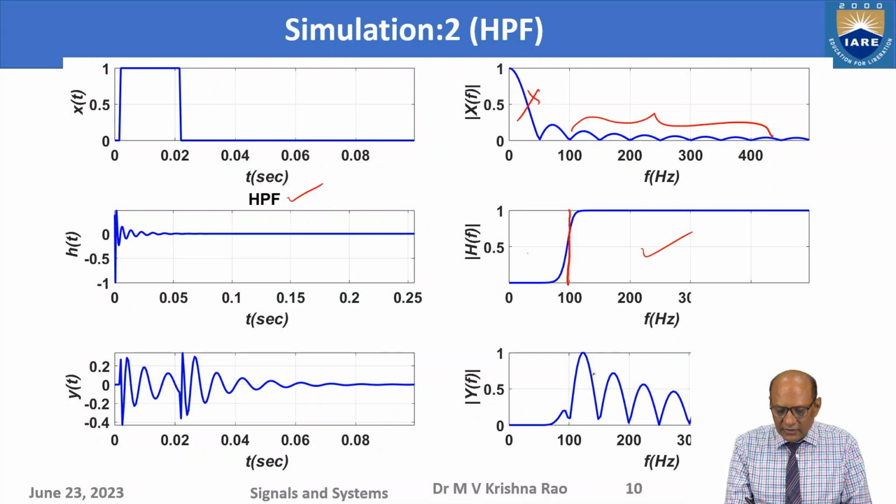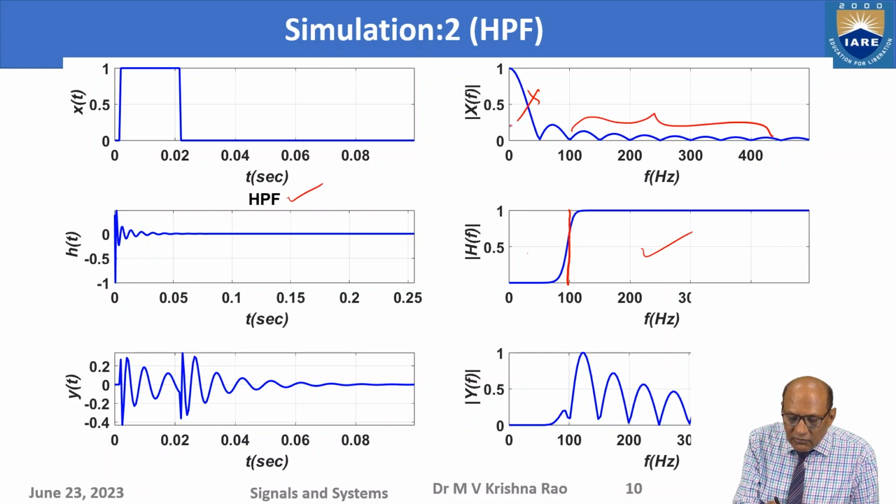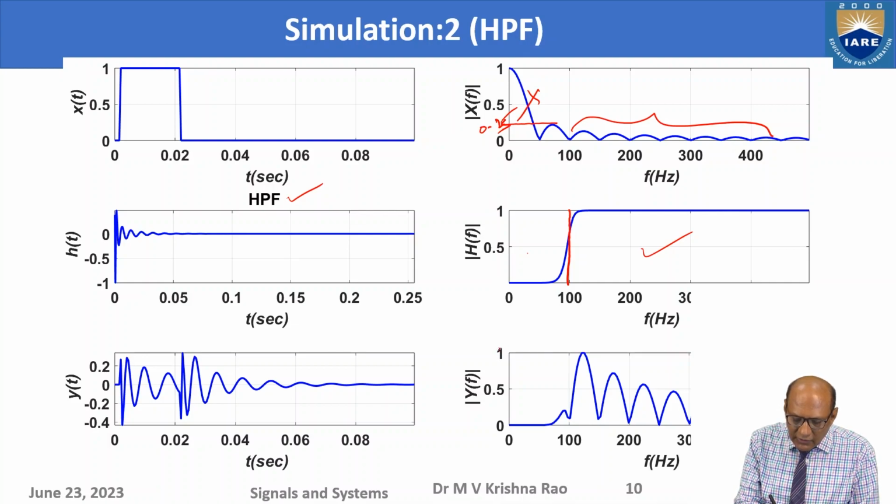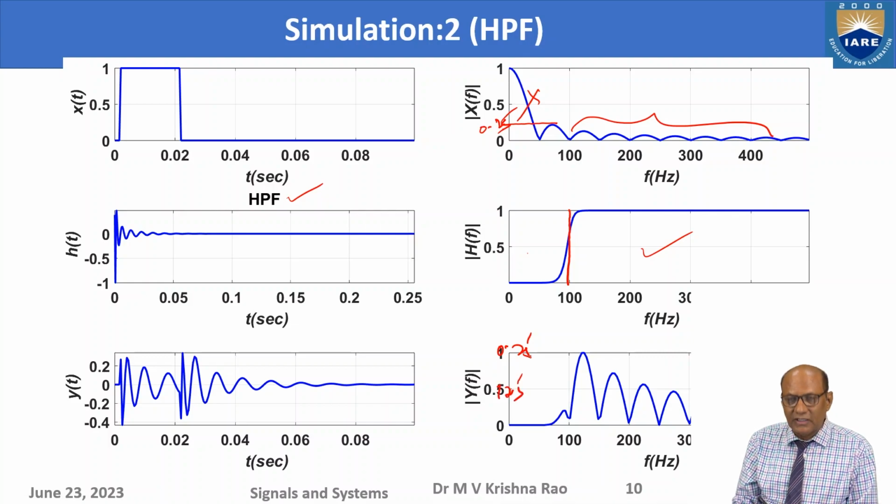These are attenuated. Because I have normalized this, that's why I got this. Otherwise, what would have been? The absolute height would be 0.25, this would be 0.125, and this 0.0625, half of this.